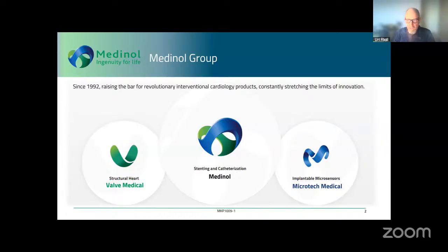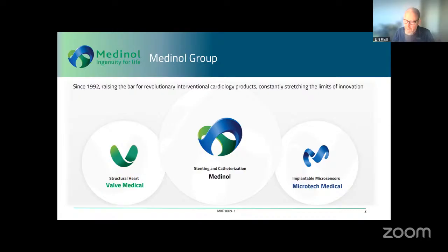We have the Medinol company and two sister companies. The Medinol company is responsible for stenting and catheterization, whereas we have one sister company called Valve Medical that is designing today a TAVI that eventually now works on 12 French and hopefully will reach 9 French. So it's still under R&D.